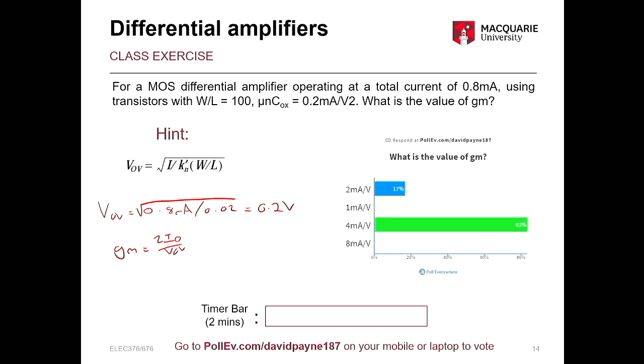Okay, 2ID is just I. Yep. So that becomes 0.8 milliamps divided by 0.2 volts, or divided by 0.2, 4 milliamps per volt. Okay, so most of you got it right. I think just 1 on the 2 milliamps there, potentially half the I instead of using 2ID equal to I.